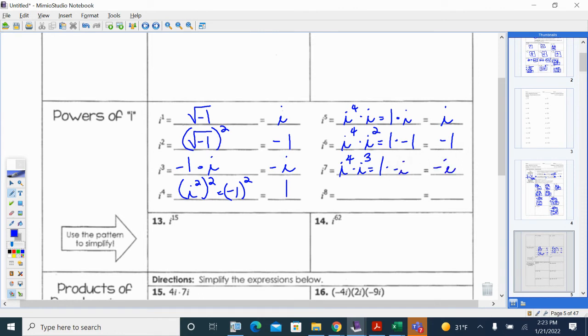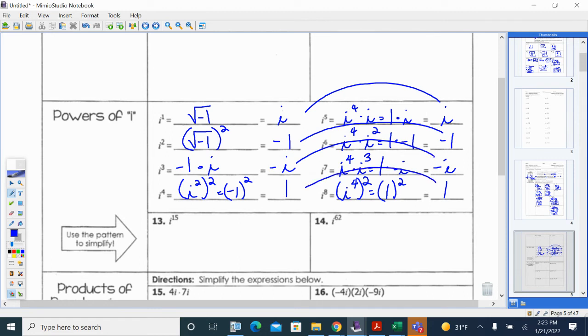And then i to the 8th is i to the 4th squared. So i to the 4th is 1, squared is still 1. Now, what I hope you have noticed at this point is these answers are the same, because that's the pattern. After every 4th power, it repeats.